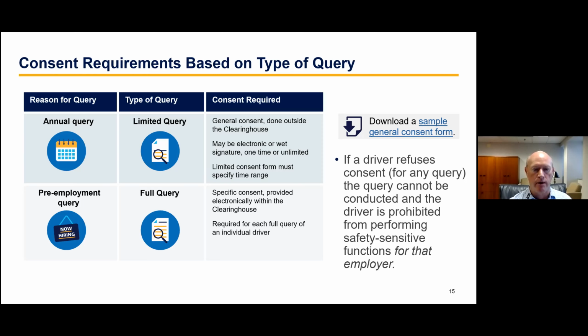There'll be an electronic request through the clearinghouse that asks the driver permission so you can do the full query. And we'll have a couple screenshots that'll show you what I'm talking about there. So anytime you do a full query, which gives you access to all information in the clearinghouse, you have to do it electronically. You have to get consent from the driver, and it's done electronically.